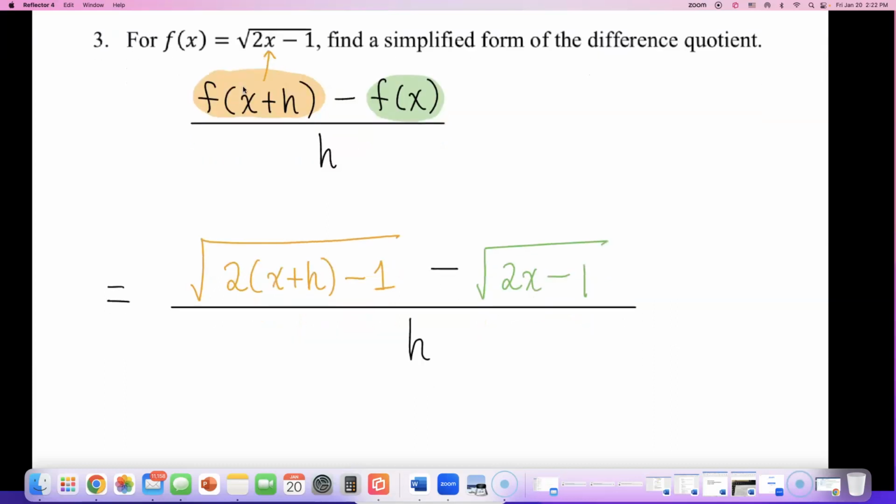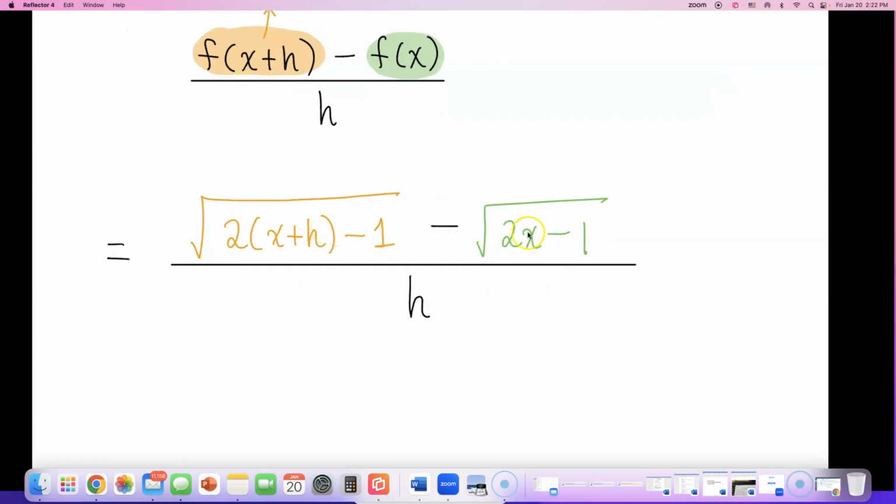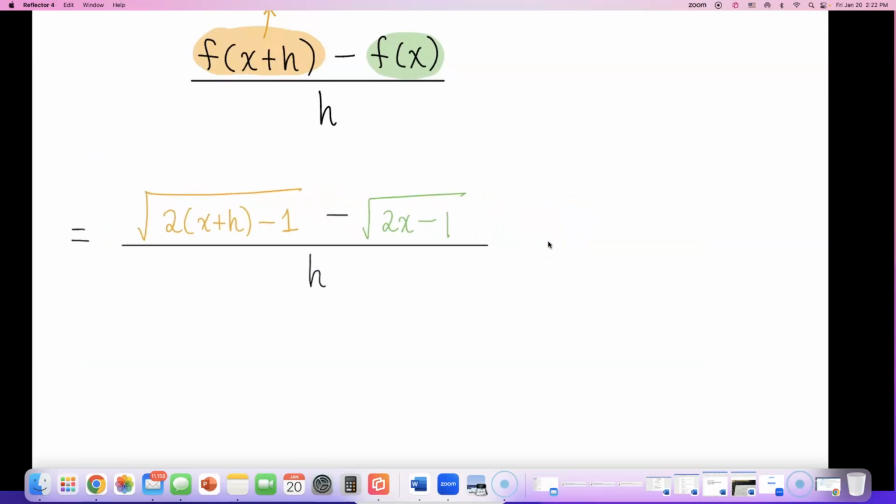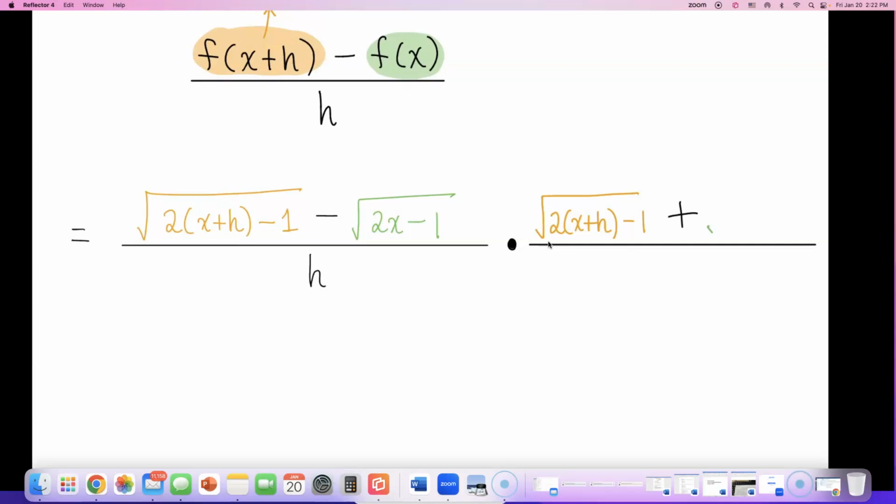So how do we simplify this, right? You will multiply the numerator and the denominator by the conjugate of this numerator. I'll show you what I mean by that, okay? Multiply both the top and the bottom of this fraction by square root of 2 times x plus h minus 1 plus square root of 2x minus 1.